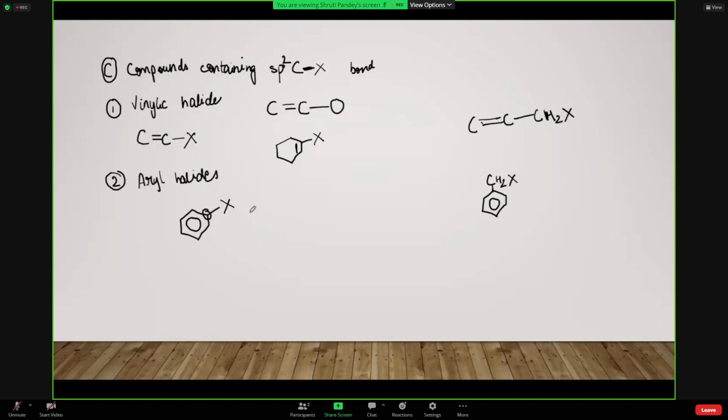So this is the difference between the aryl halides and the benzylic halide. So you don't have to get confused. Very simple.